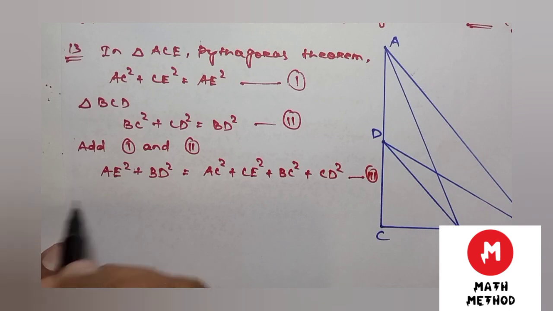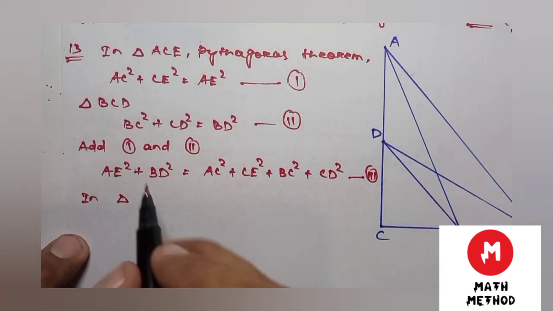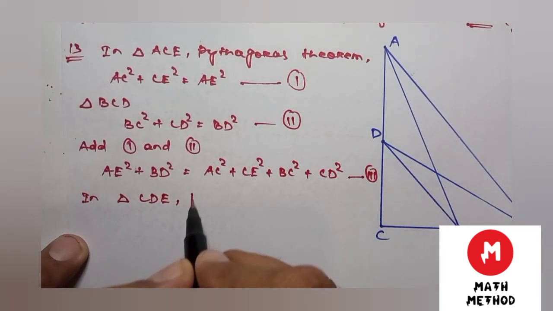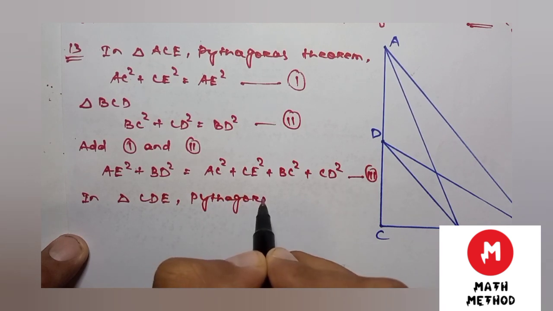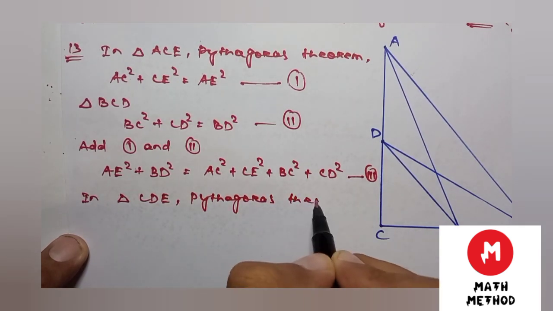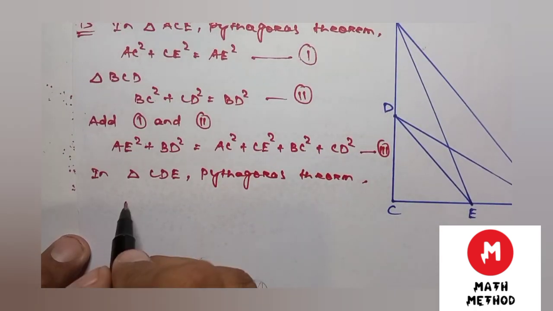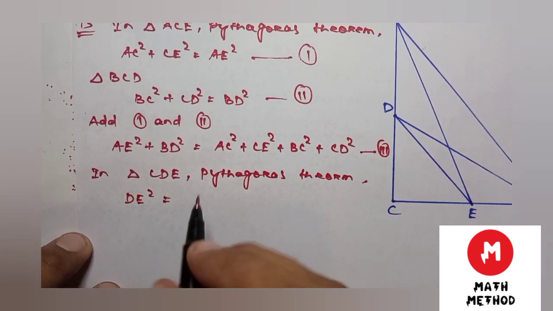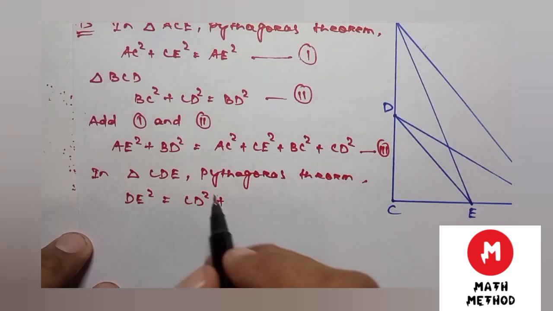Clear? Now in another triangle CDE, similarly applying the Pythagoras theorem, we will get DE square is equal to CD square plus CE square.